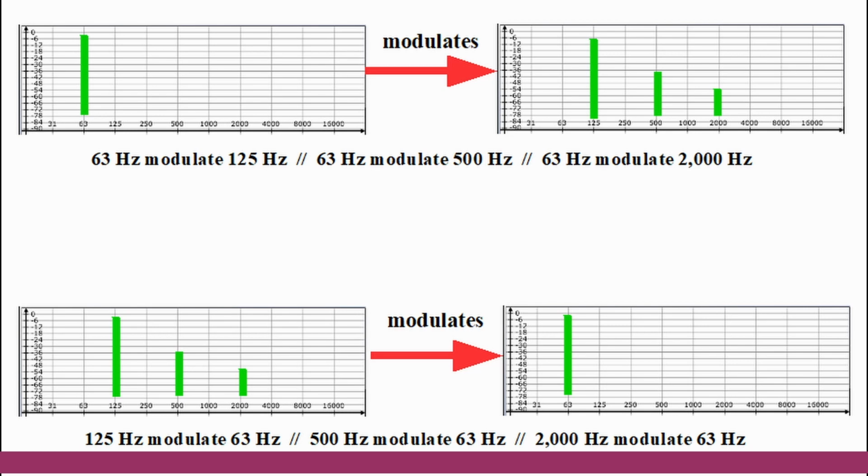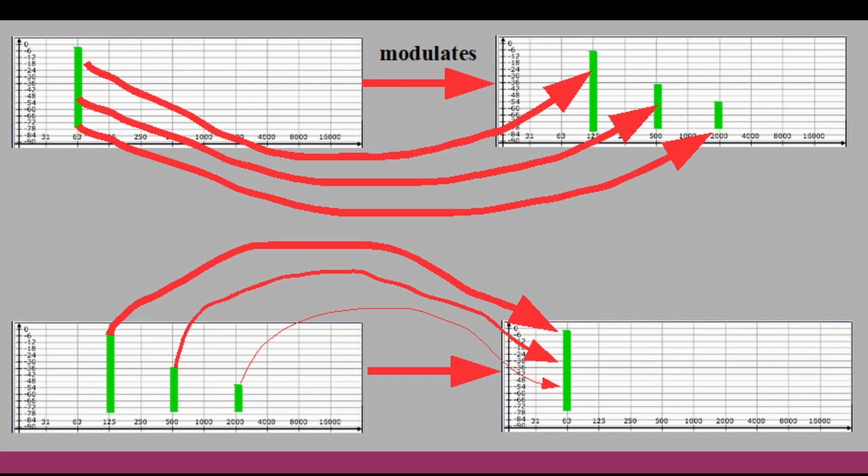No matter which spectrum is the carrier and which one is the modulator, we always have the same carrier-modulator frequency pairs. So why does it nevertheless make a difference which of the two spectra acts as the carrier and which one is the modulator? There are two reasons.